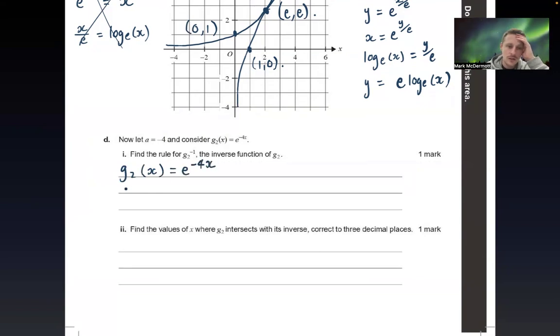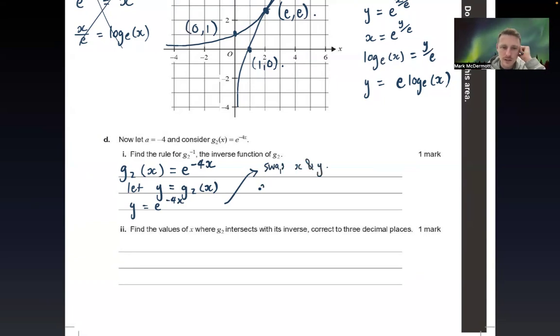Okay, let y equal g2 of x. You're going to get y equals e to the -4x. Swap x and y.